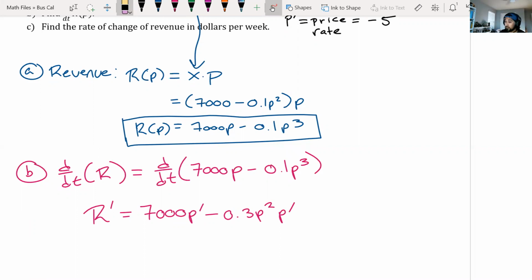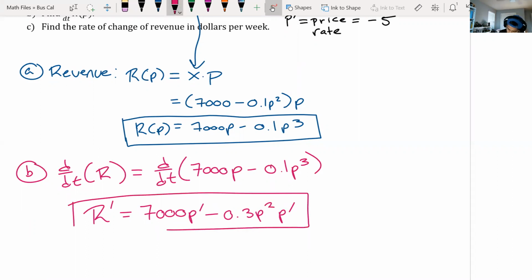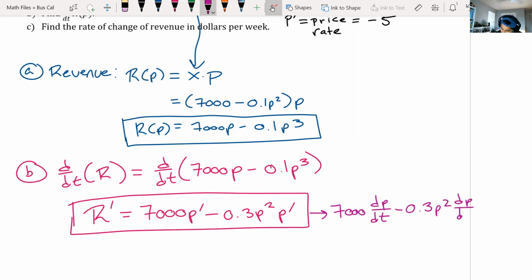Okay, there's our implicit derivative. And of course, it could also be written as 7,000 dP over dt minus 0.3 P squared dP over dt.